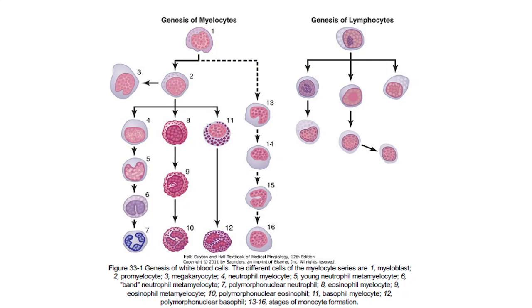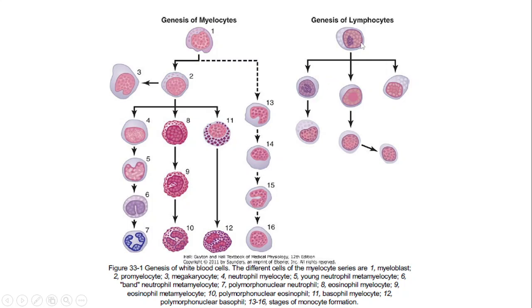That is the color of acid. And basophil comes from the name basic. That means it has an affinity for the basic stain, and it will give bluish purple granules in the cytoplasm. That's why its name is basophil.